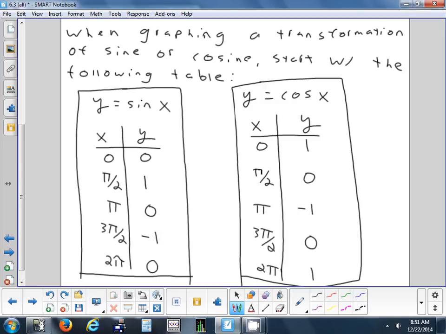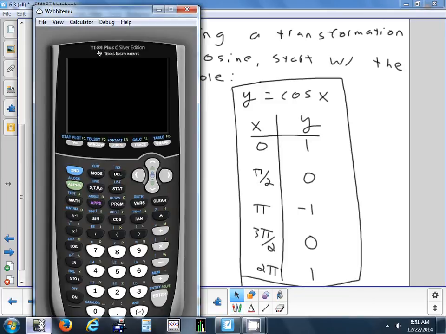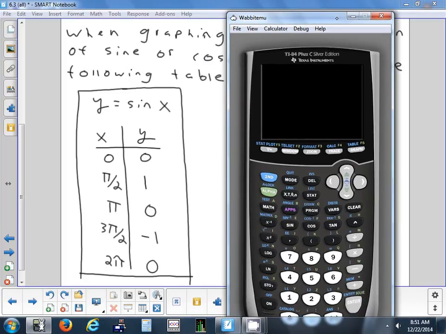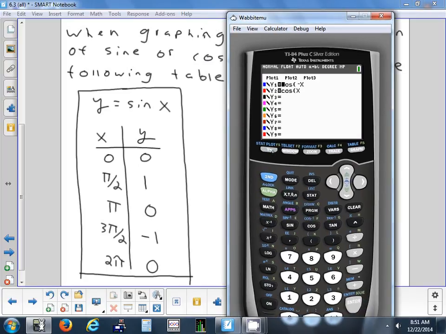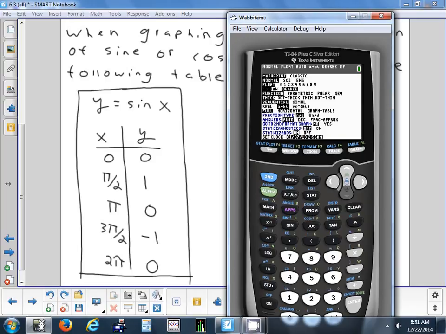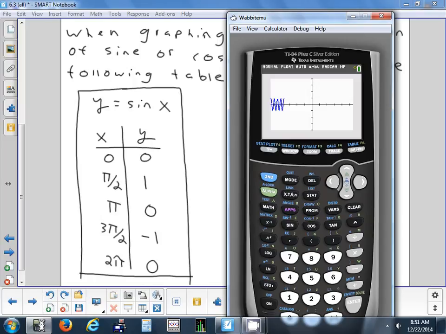We're up at 1. And then as we keep continuing over to pi, that's 180, now your y value is back at 0. If you keep going all the way around to 3 pi over 2, or 270, now your y value is as low as it's going to go. It's at -1. And then when you get all the way back around, that's 360 degrees, the height off the x-axis is back to 0.